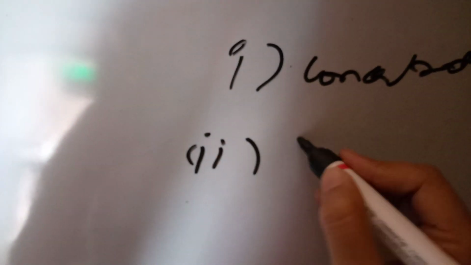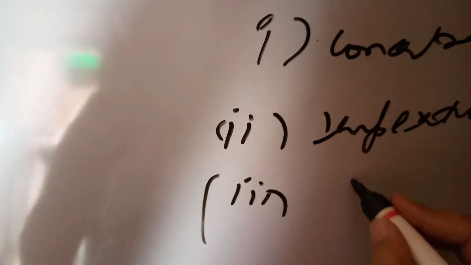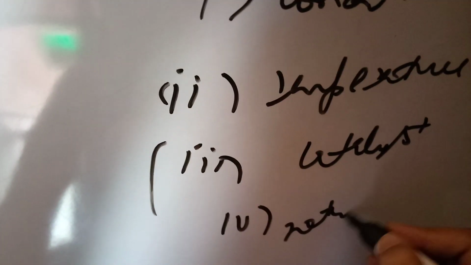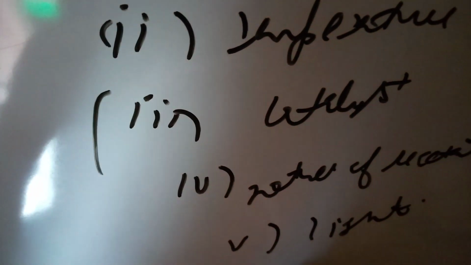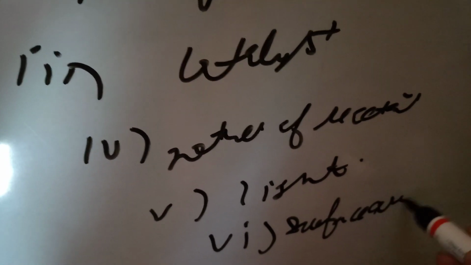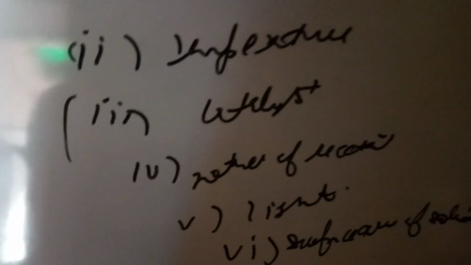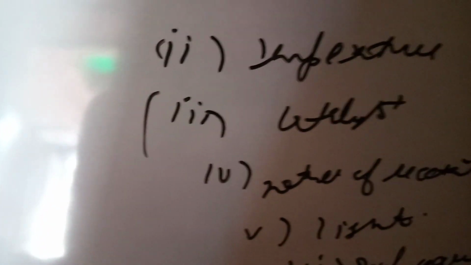First is concentration, next is temperature, third is catalyst, then nature of reactant, light, and surface area of solid. These are the 6 factors that affect the rate of a chemical reaction.